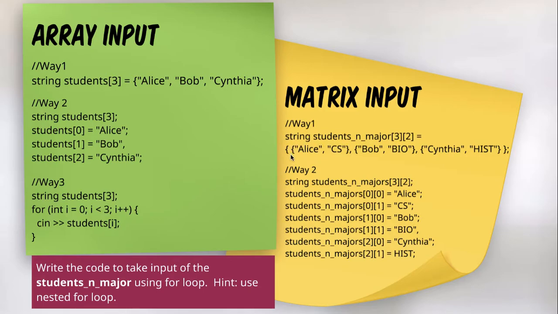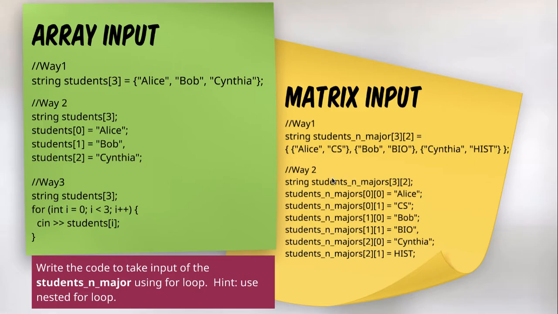So Alice, CS are the 2 columns of the 0th row. Bob and Bio are the 2 columns in the 1st row. Cynthia, History are the 2 columns of the 2nd row. In this way, you can take the input.